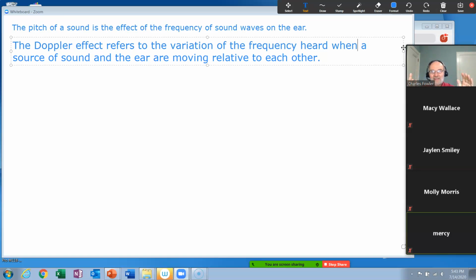Okay? Now, you'll see this sometimes in other contexts. If you've ever watched the weather, especially when you have severe weather in the area on TV, you'll hear them talk about a Doppler radar. And that's doing the same thing. It's measuring the change of frequency when the wind's coming to you or when the wind's blowing away from you.